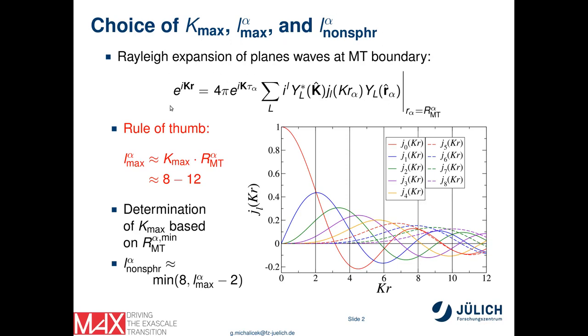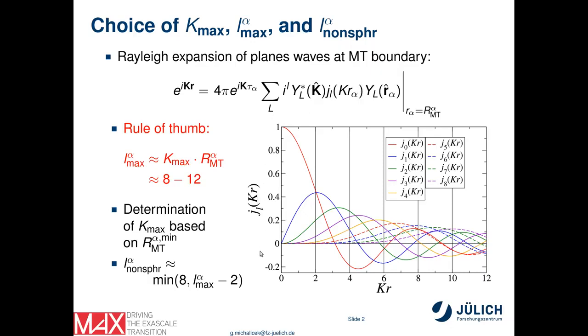Now let us assume a Rayleigh expansion of the plane wave at a muffin-tin sphere boundary. I gave the equation for this Rayleigh expansion here. This expansion expresses the plane wave in terms of spherical harmonics times spherical Bessel functions.